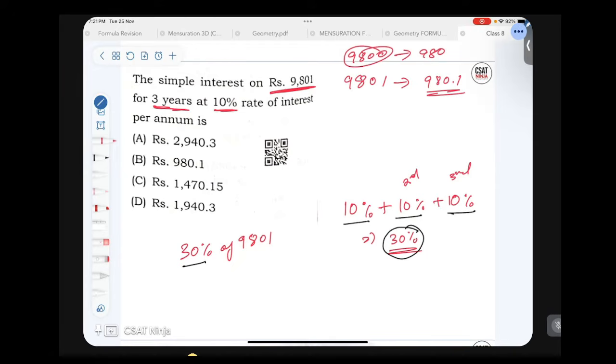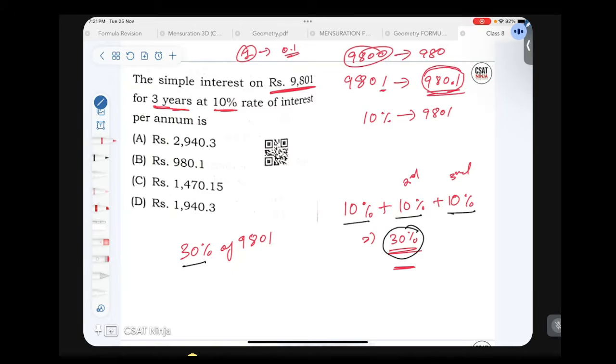You have 1 here. That means I just need to put 0.1 here. Why? Because if your income is 1 rupee, then your 10 tithe will be 0.1. So likewise, I'm putting 0.1 there. So this is 10%. We need to find how much? 30%. So we have 10% as 9,801.